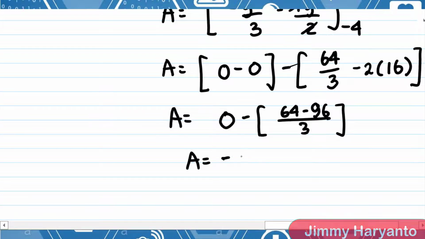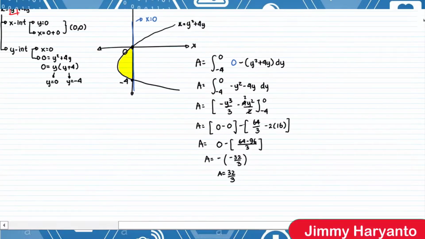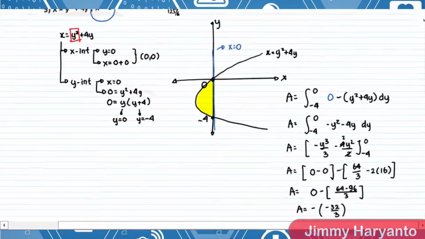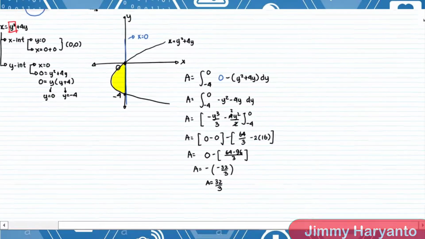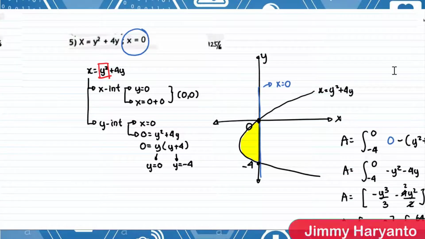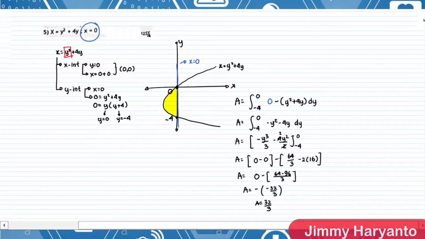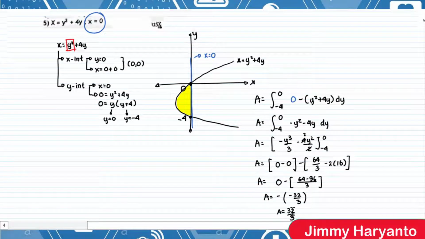Okay, area equals negative 32 over 3, so the area will be 32 over 3. Another mistake. Oh, I think this time the answer key is wrong. So the answer will be 32 over 3.